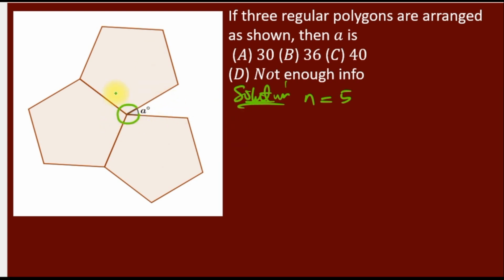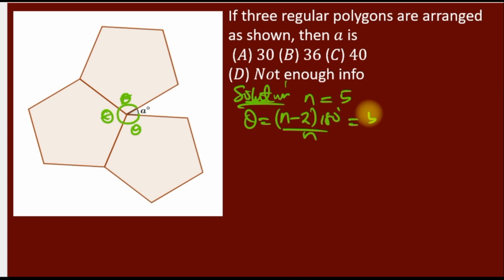So how do you get each of these? Let's call it theta. So you see that theta, which is each interior angle of a regular polygon, is n minus 2 times 180 over n.